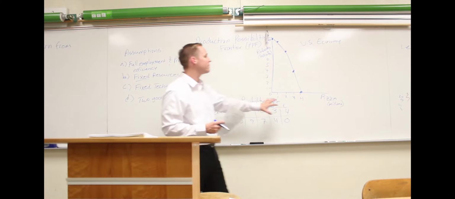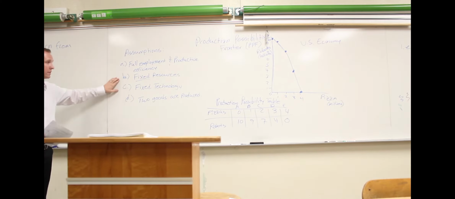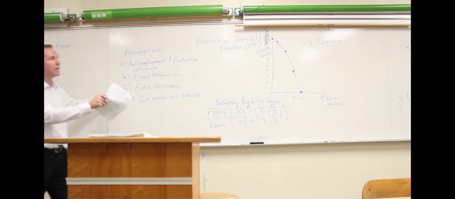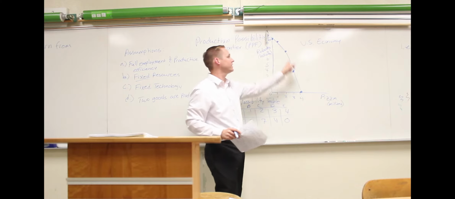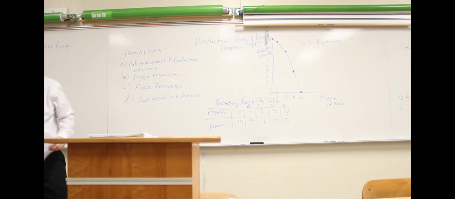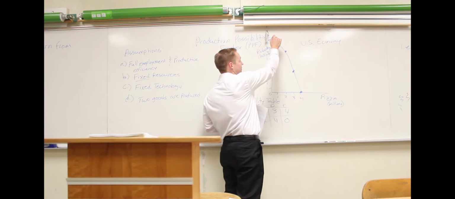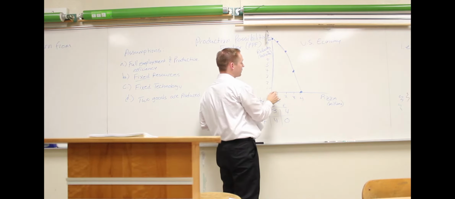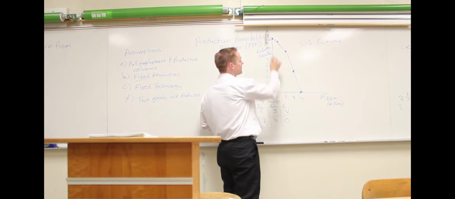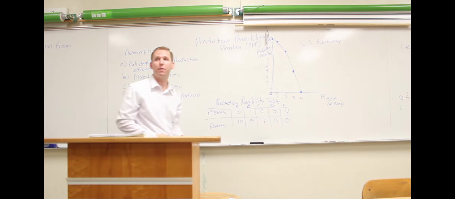Given the resources that we have and the technology that we have in this economy, these are the only combinations that we can produce of pizza and robots. So if all our resources and all our technology were put into producing robots, then we would produce no pizzas, but we would produce 10 million robots.